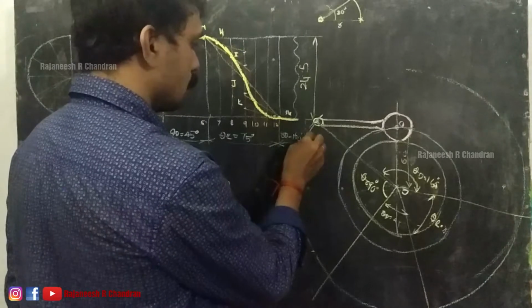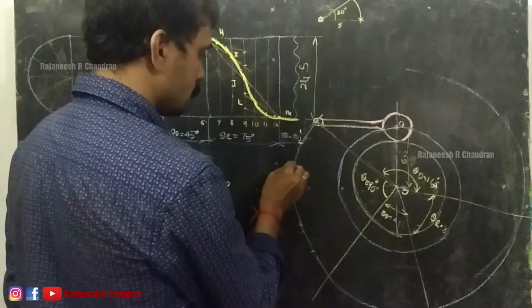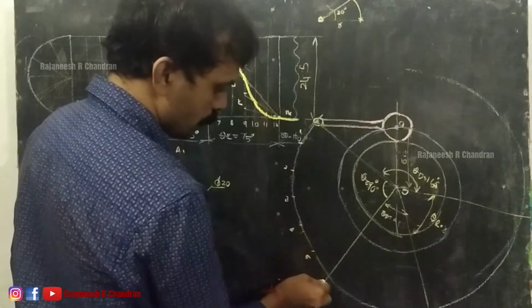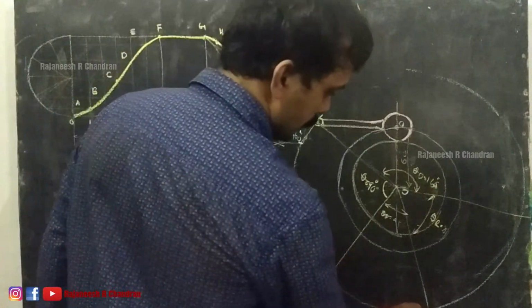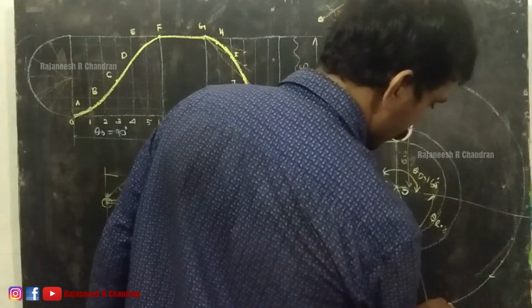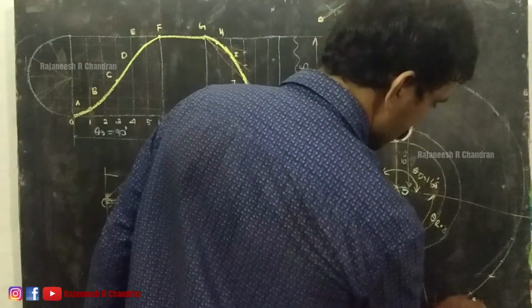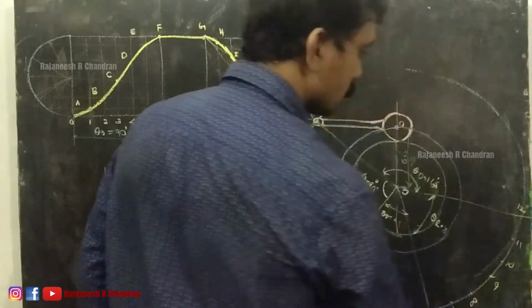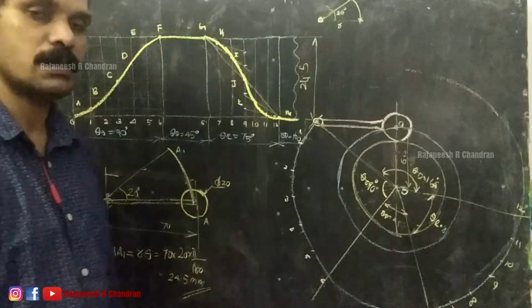So this will be 1, this will be 2, 3, 4, 5 and 6. Similarly here 6 dash, 7, 8, 9, 10, 11, 12. That division also has been completed.